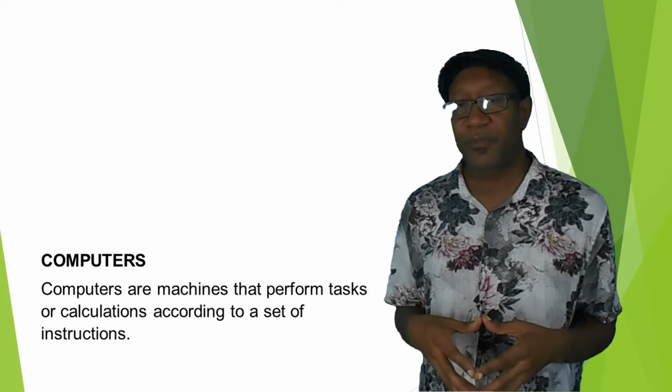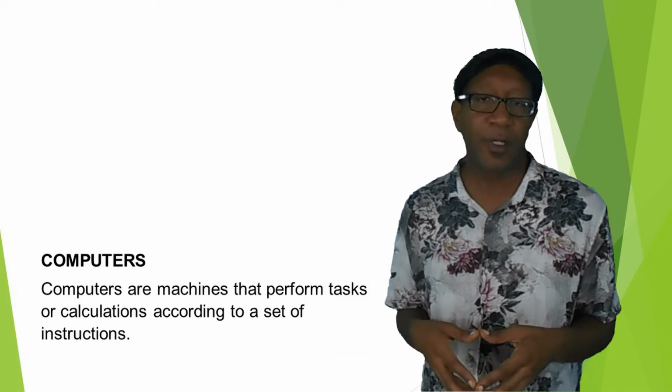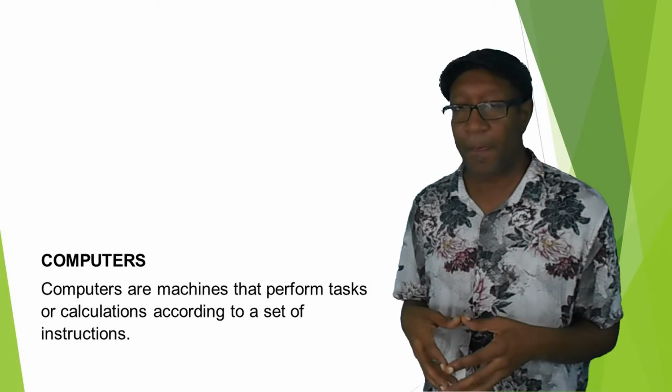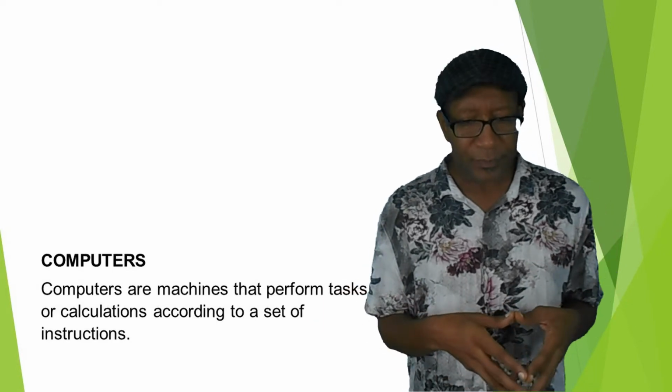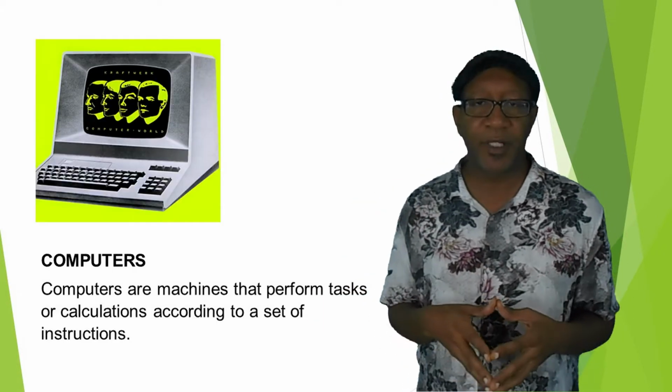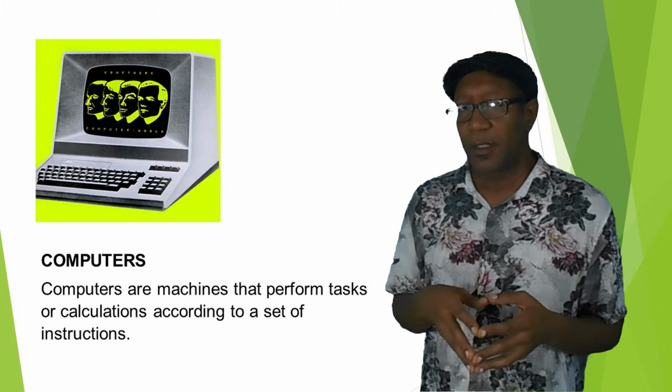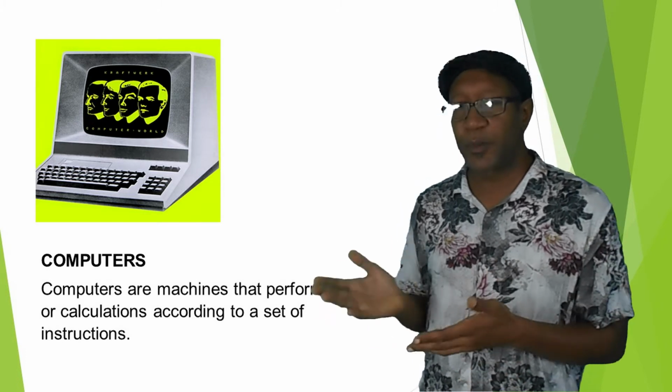As a way to discuss the development of the reading skills, we will talk about computers with a text from an English test. And here in the image we have the cover of Kraftwerk's Computer World.